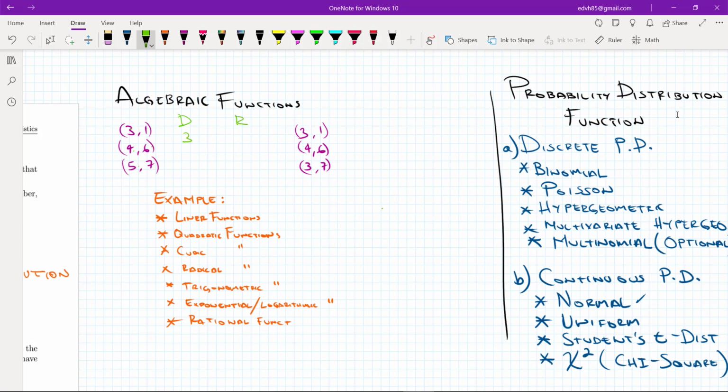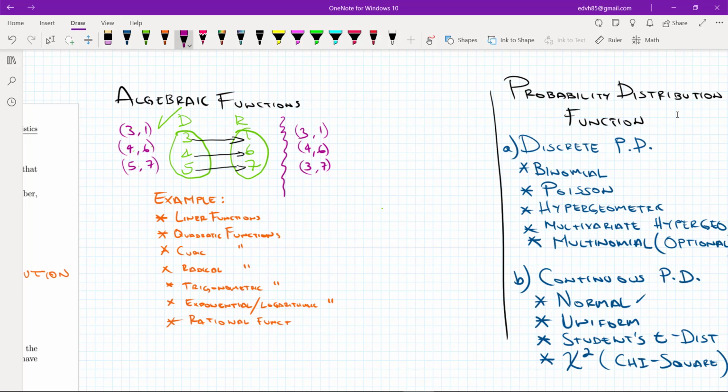So 3, 4, 5 in the bubble notation, 1, 6, 7. And then you use arrows to determine where they are going. So 3 goes to 1, 4 goes to 6, and 5 goes to 7. And in this case, you say that this was a function. This is a function because none of the elements in the domain go to more than one element in the range.